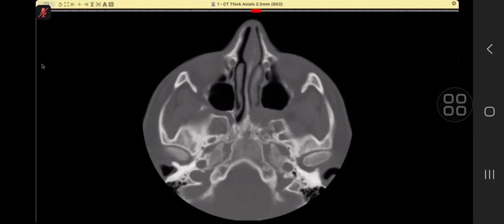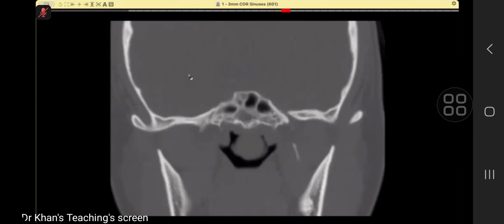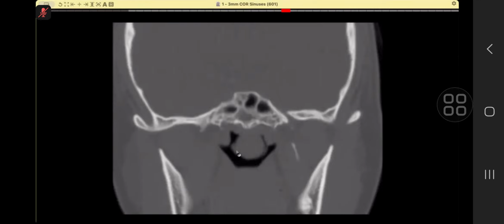Let me give you a coronal sequence. Show me the foramen rotundum or anything else you want to show me.